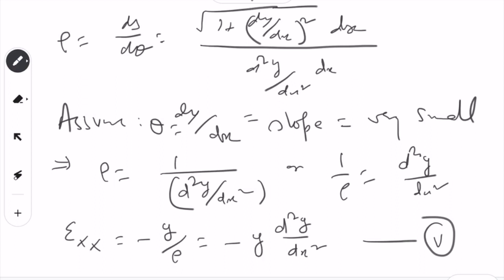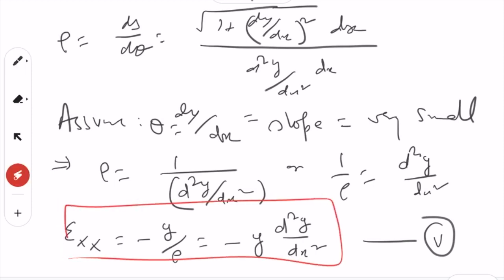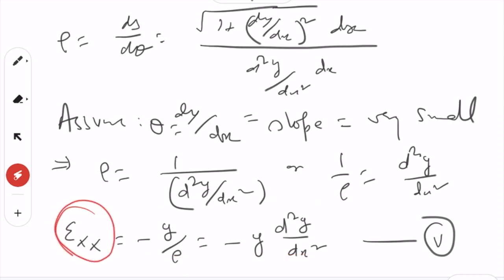We got this one, and this is going to help us. So we know the definition of strain now. This is the strain at any point on the beam.